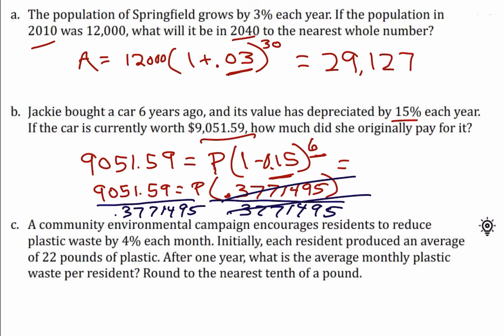When you do that, you should get as a final answer that P is equal to 24,000. In this case, that means that the initial price that was paid was $24,000. Or not you, but Jackie. I'm giving you a car, but it's Jackie who owns the car.